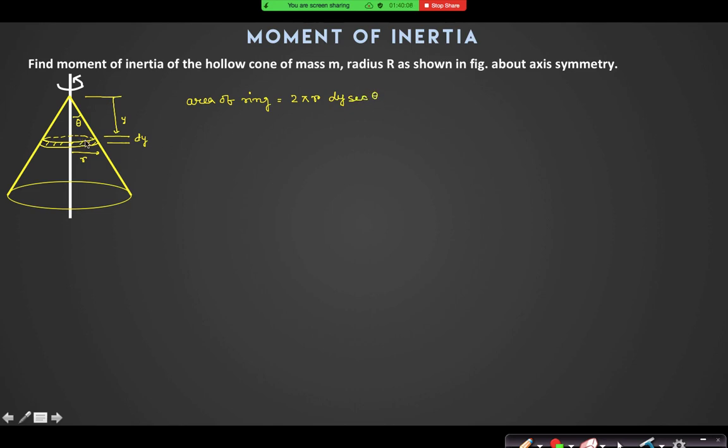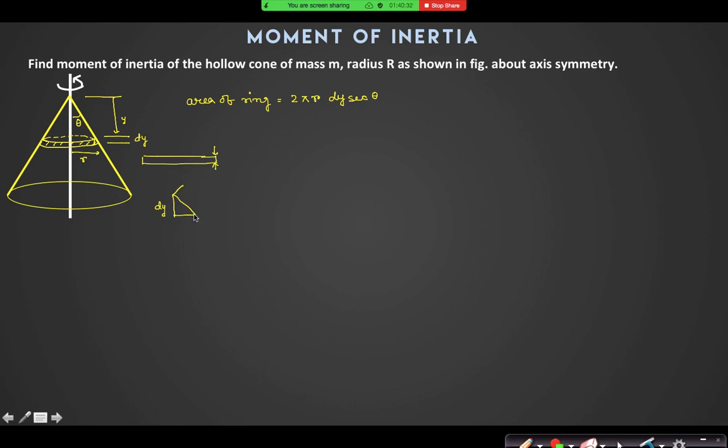Look, if I unfold the ring, then this width of the ring will not be dy, because dy is this height, right? But the ring lies on the surface.